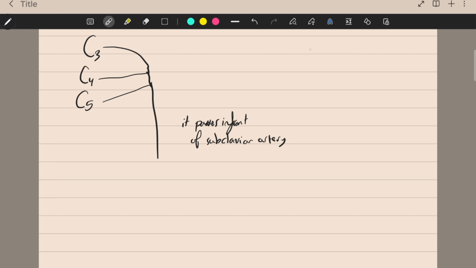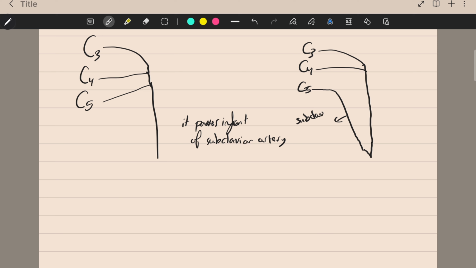In some situations it can be like this: C3, C4 only, then C5 combines later here, because C5 will first go and supply the subclavius muscle and form the accessory phrenic, then it joins later here with C3 and C4.